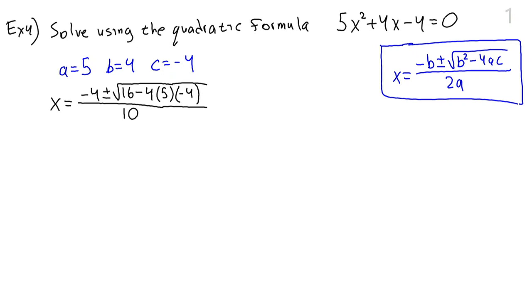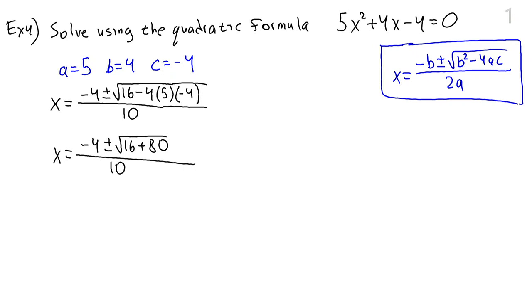Now I'm going to simplify what's under the square root sign. This is negative 4 plus or minus square root of 16 plus 4 times 4 is 16. 16 times 5 is 80. So this is 16 plus 80 divided by 10.